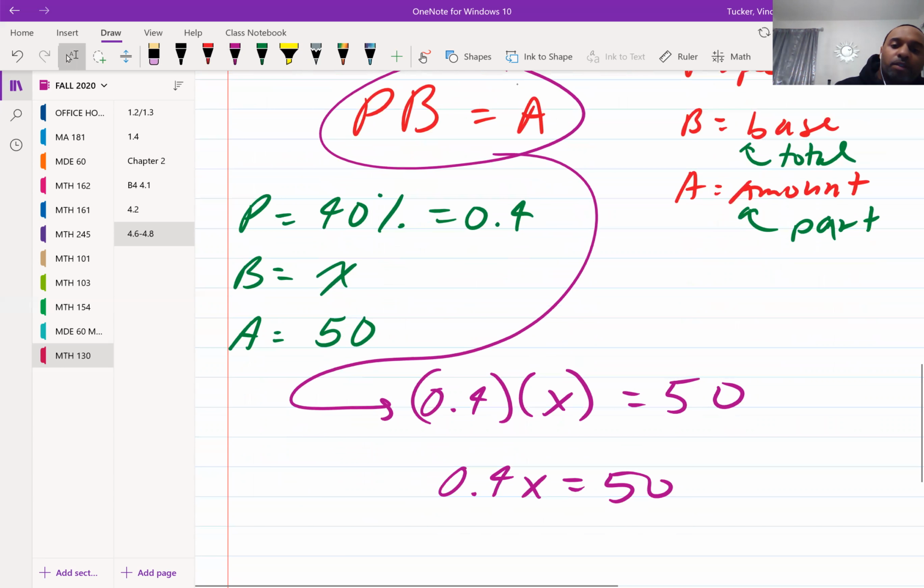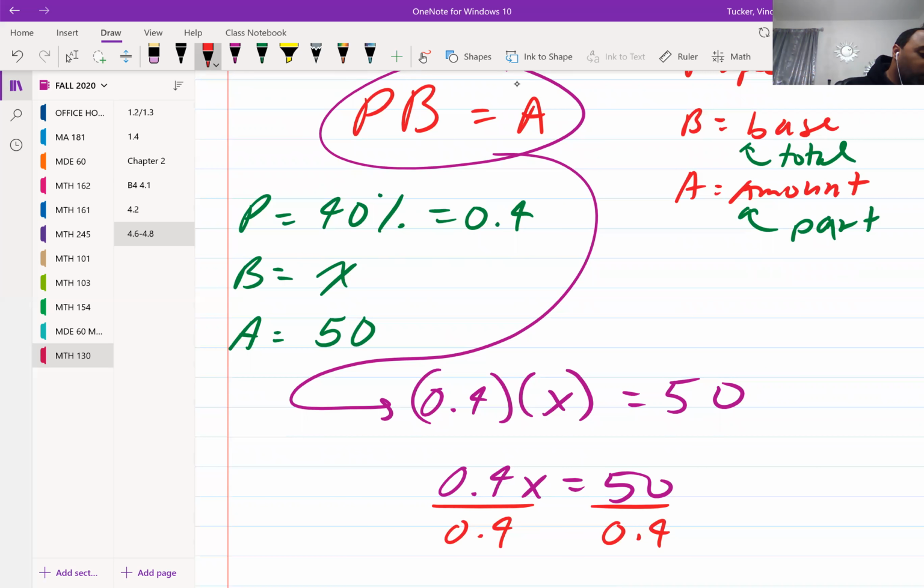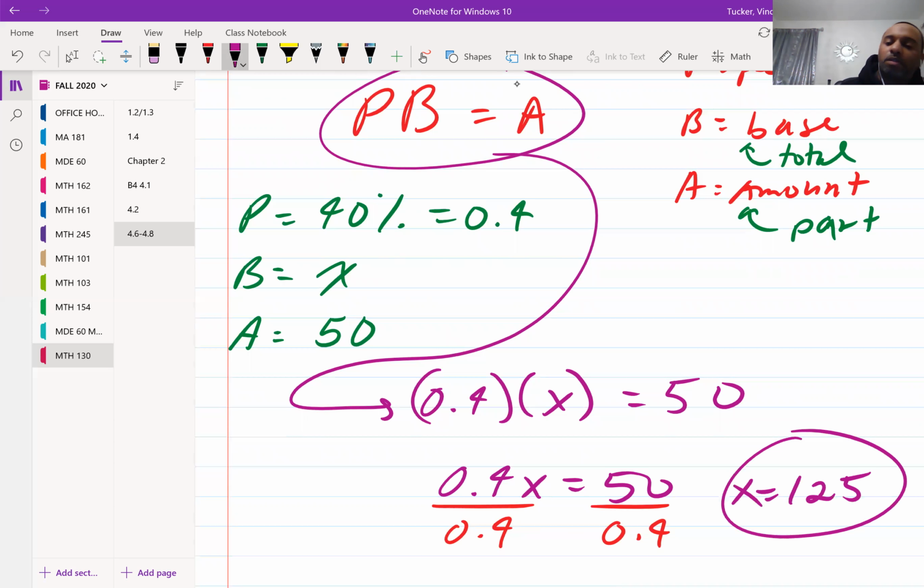And now we can divide both sides by that 0.4. And x is 125. All right. Questions? Any questions?